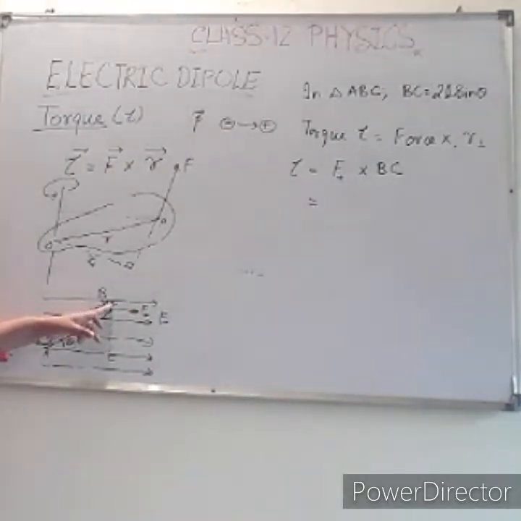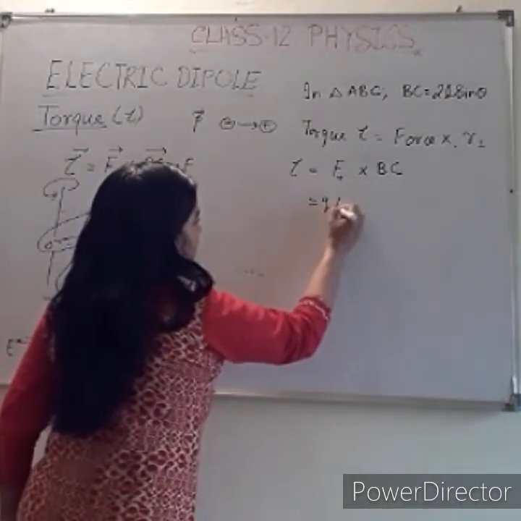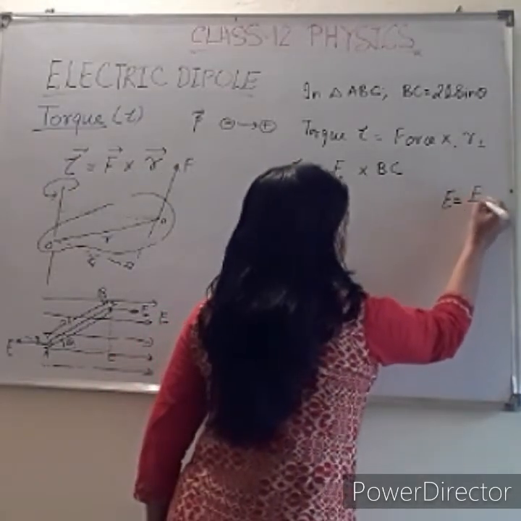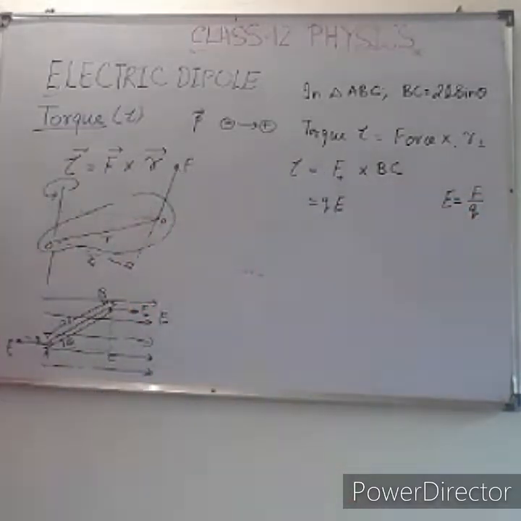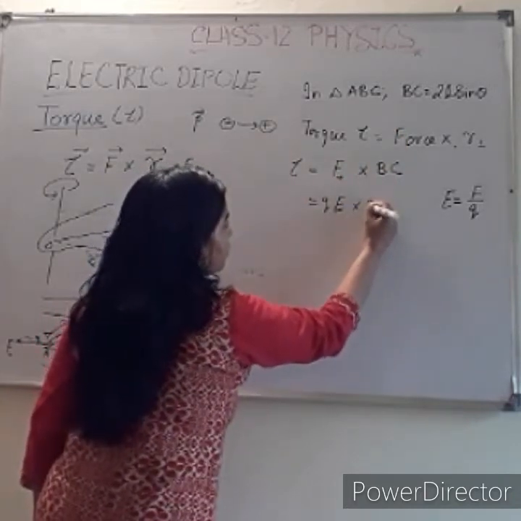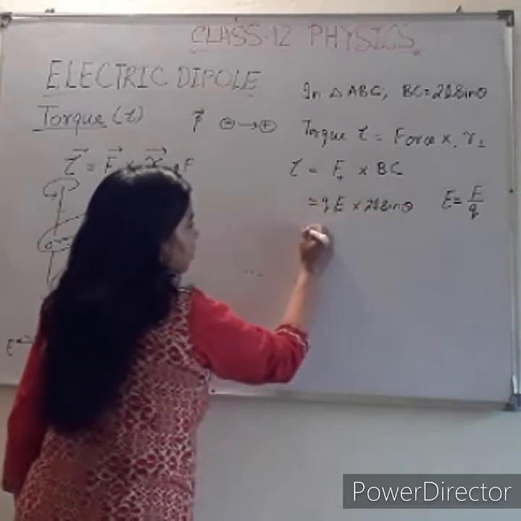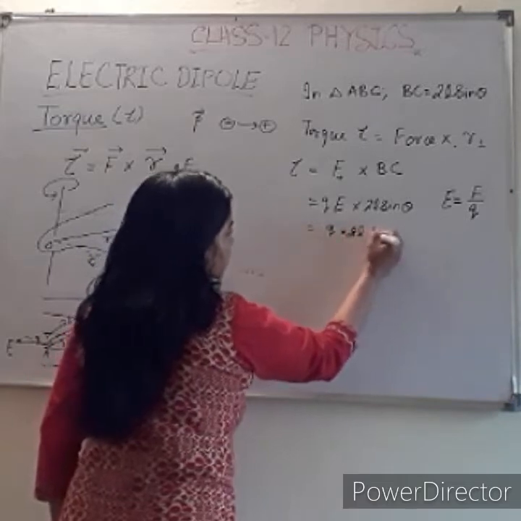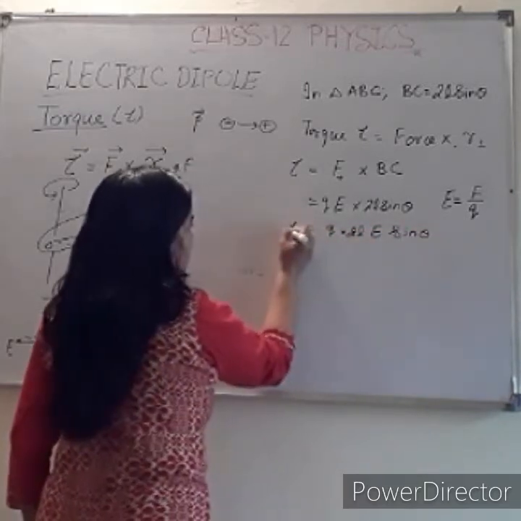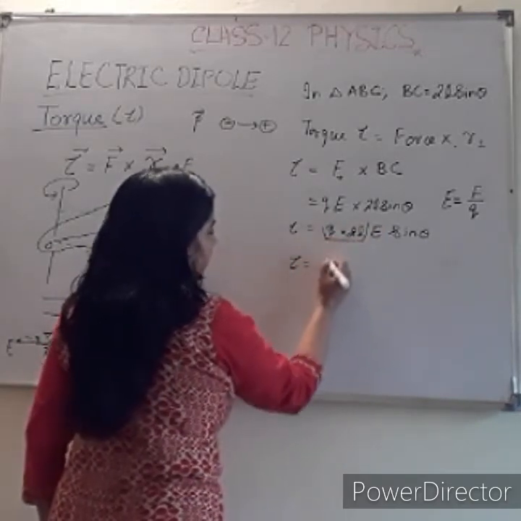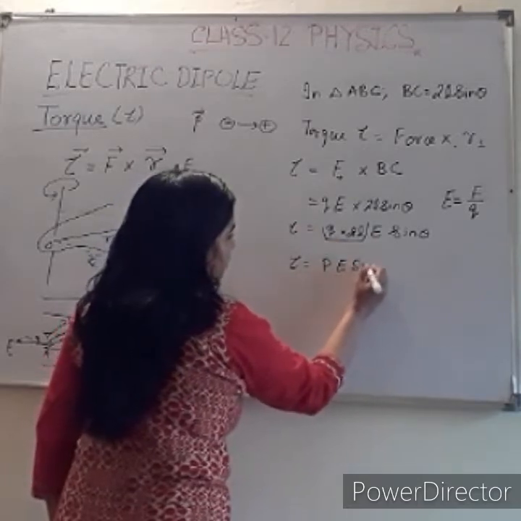The charge at the B point of the dipole is Q, so Q into E. How does it come? Because you know the formula, E is equal to F by Q, so F is equal to QE. So QE into BC, which you can take from the above terms, 2L sine theta. So it will come as Q into 2L into E sine theta, that is torque. So torque is equal to Q into 2L, that term becomes p, so P E sine theta.